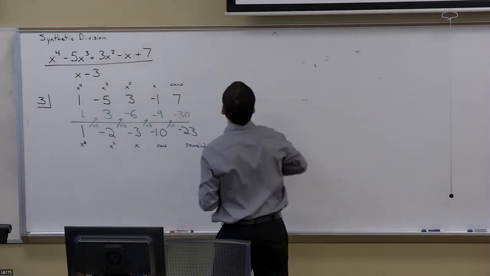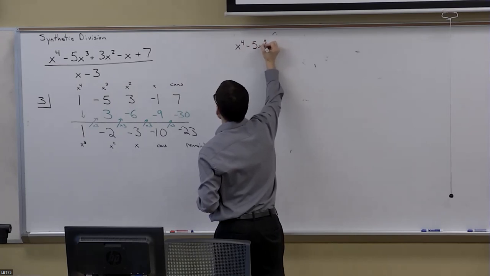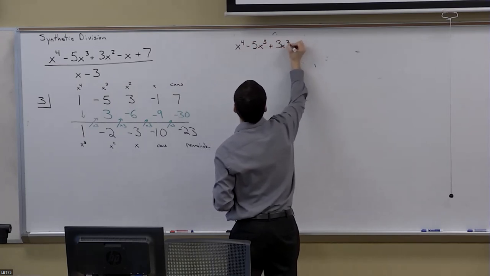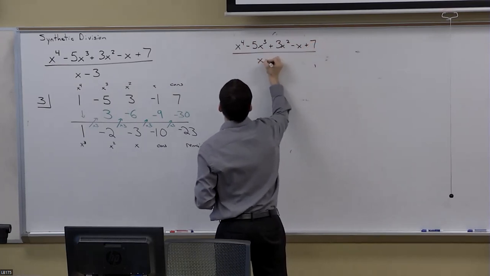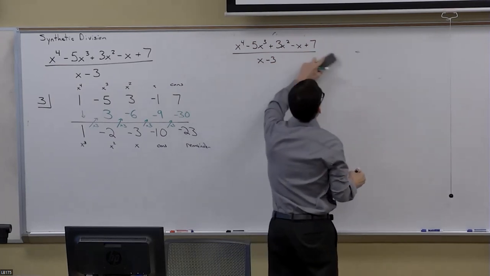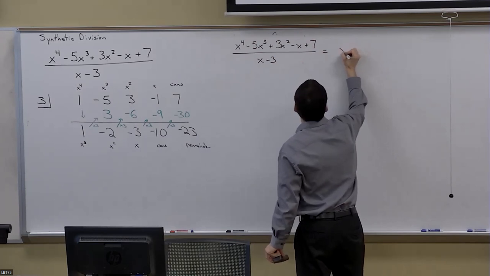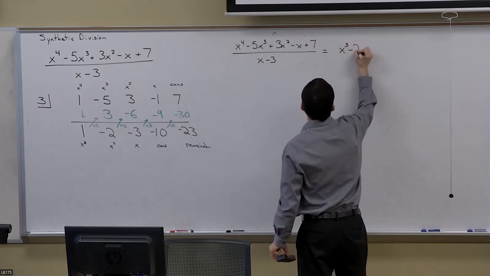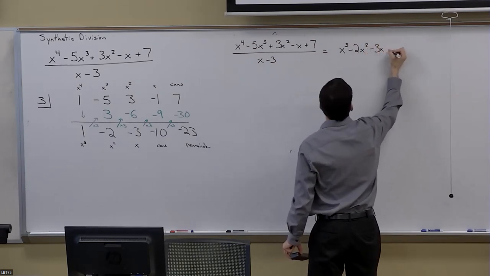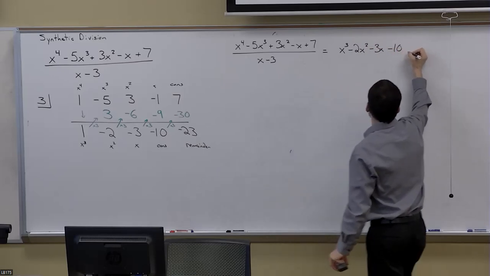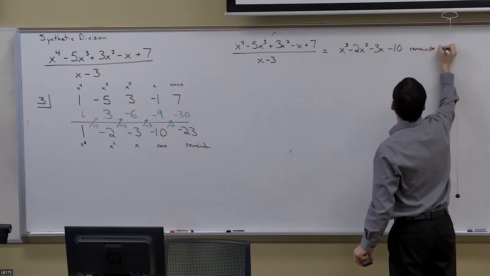And so what I'm saying is that if we take x to the fourth minus 5x to the third plus 3x squared minus x plus 7, and then divide all that by x minus 3, what we end up with is x to the third minus 2x squared minus 3x minus 10 with remainder of negative 23.